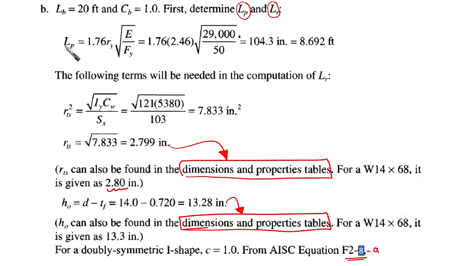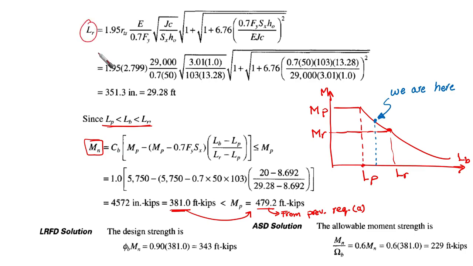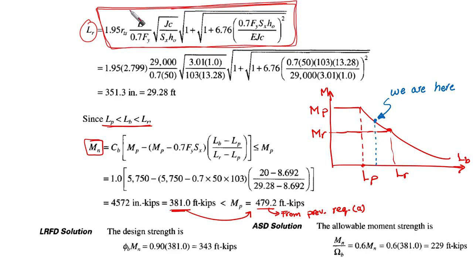So L_p is going to be 1.76 r_y radical of E over F_y. Everything is given, even r_y. The radius of gyration we can obtain from the table. L_p is 8.6 feet. And for L_r, it is this fantastic equation. So you need to stop the video and check every point here.